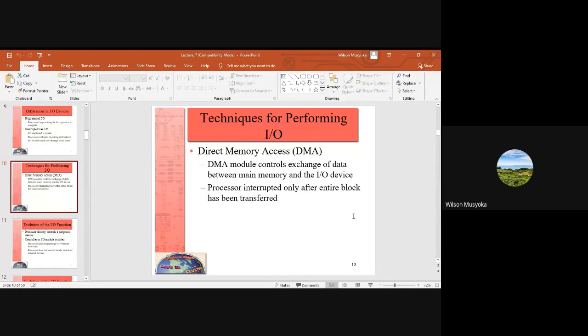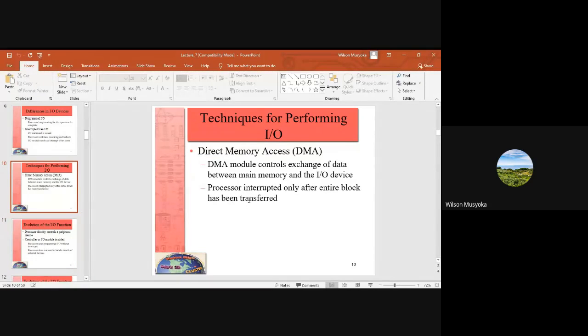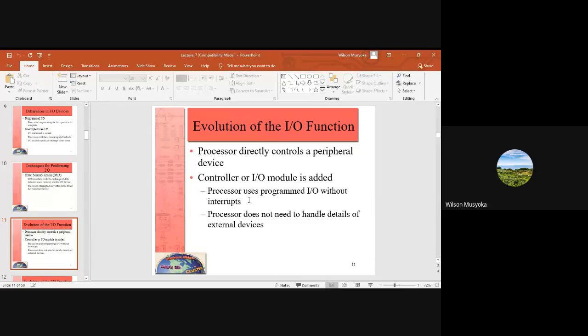And it will only be interrupted when the entire block transfer has already taken place. That is what we mean by direct memory access. And then the other technique would be what we call event driven, whereby an event has to take place, or a command has to be invoked for this event to take place.